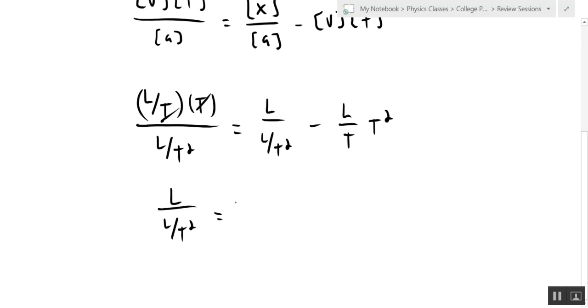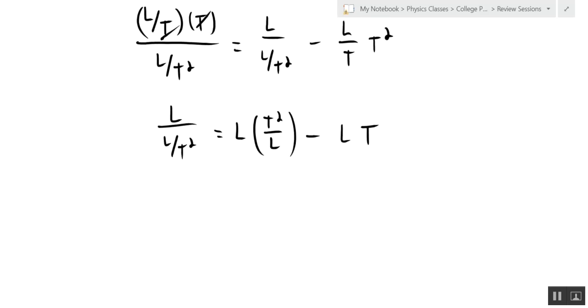L times t squared over L. Yeah, you take L and you multiply it by the reciprocal of the denominator, right? That's how you multiply or divide fractions, I should say. Okay, and then this term here is L times t squared over t. So how did the t simplify? Yeah, it's L times t.